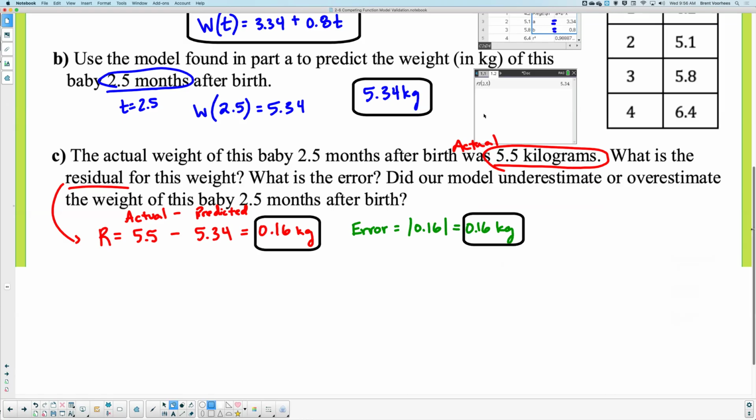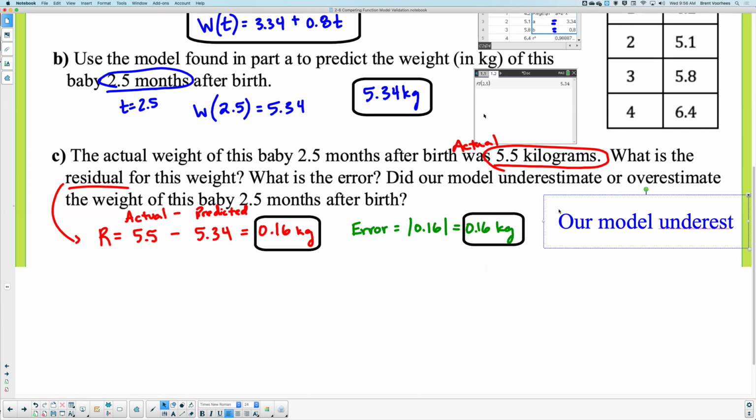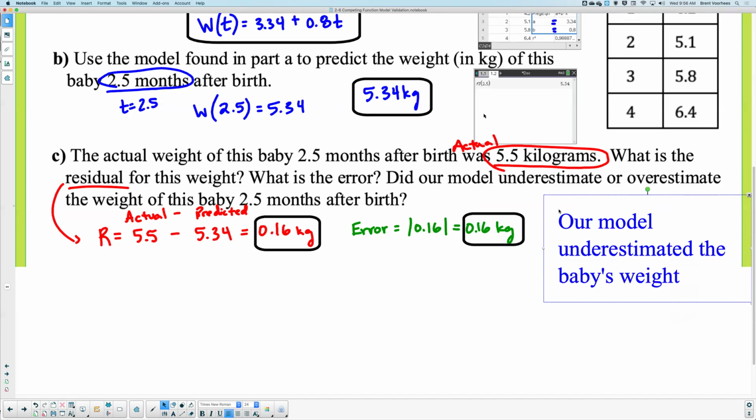Our model underestimated the weight. I'm just going to type that in. Our model underestimated the baby's weight by 0.16 kilograms. Underestimate is the word here.